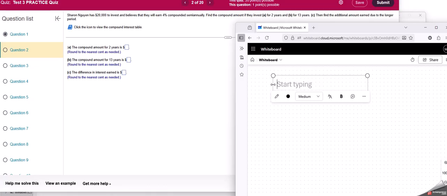Find the compound amount if they invest for 2 years or 13 years, and then find the additional amount earned. So 2 times 2, semi-annually is twice a year, so 4 is going to be our N. 4 divided by 2, 2 is going to be our IY.